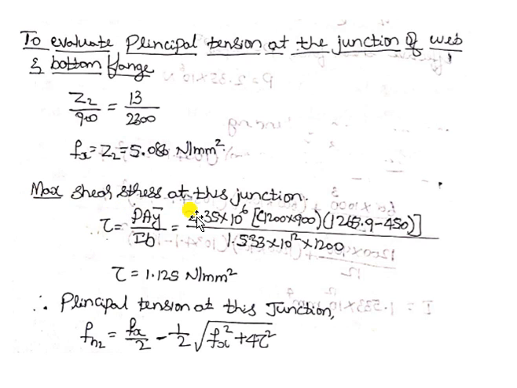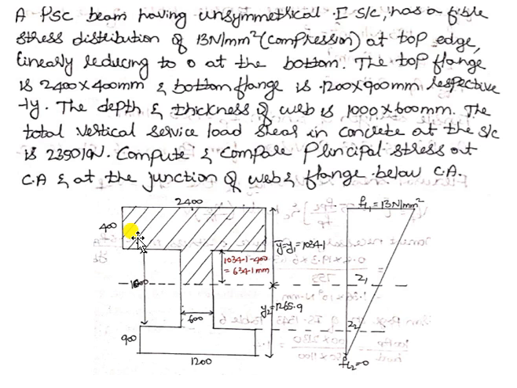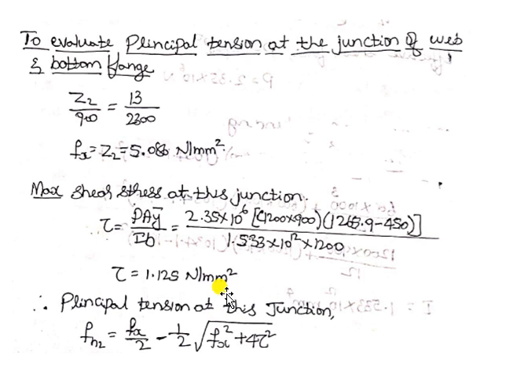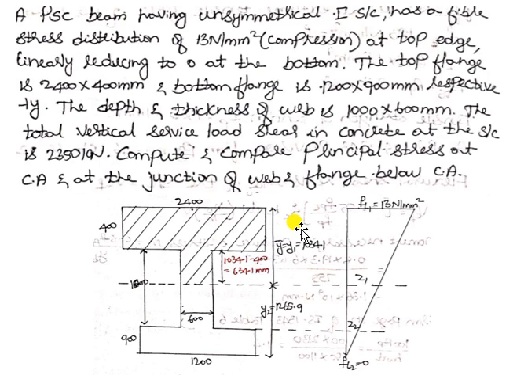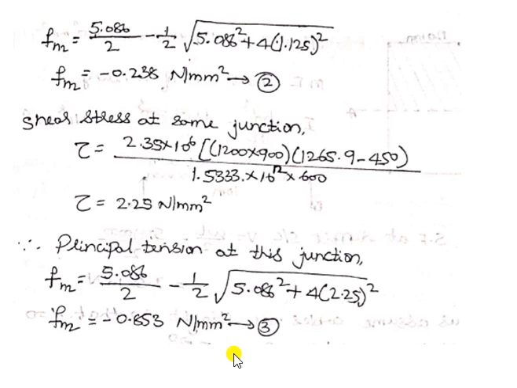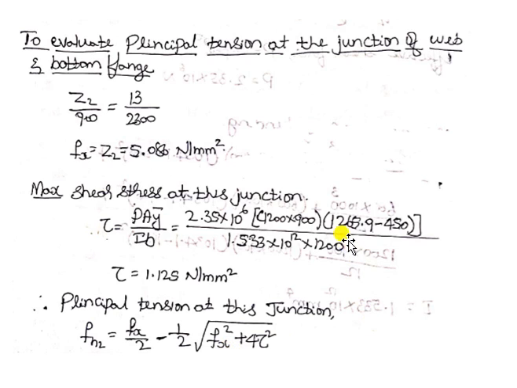Therefore, the maximum shear stress at the junction, tau, is calculated using this formula. P is the shear force, 2.35 into 10 to the power of 6, 1200 into 900, that is the area of this one. Y bar is 1265.9 minus 450.